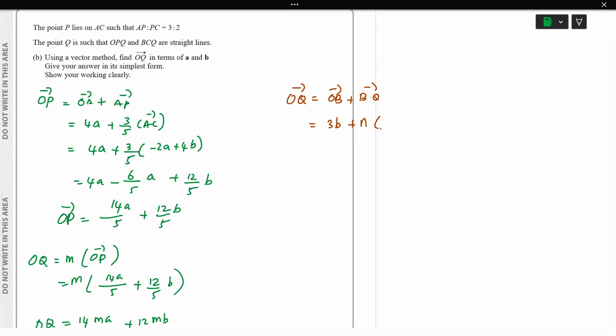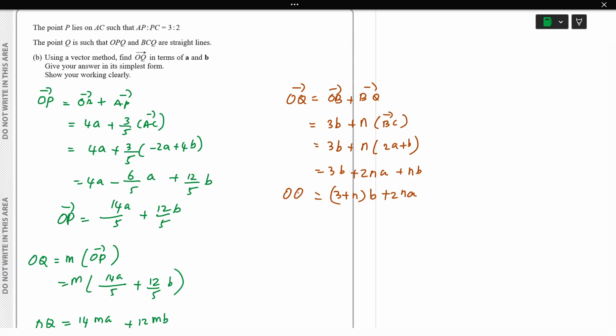I'll take N of BC vector. BC we already know, so 3B plus N of BC is 2A plus B. Now I'll expand: 3B plus 2NA plus NB. So I'll take B together, which is 3B plus NB. So (3 plus N) times B plus 2NA.